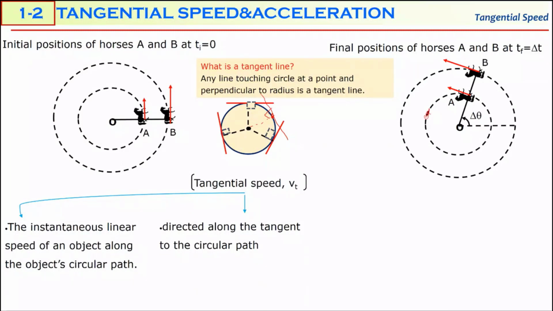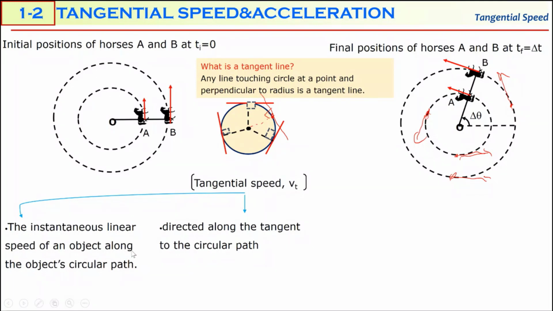So this horse A will be moving like this, again along the tangent. Another point, along the tangent again. So at any time, these horses will be moving along the tangent to this circle. So that's why it's called tangential speed.